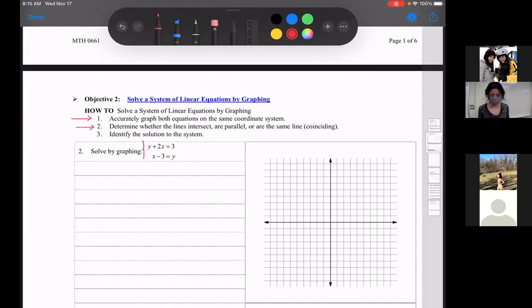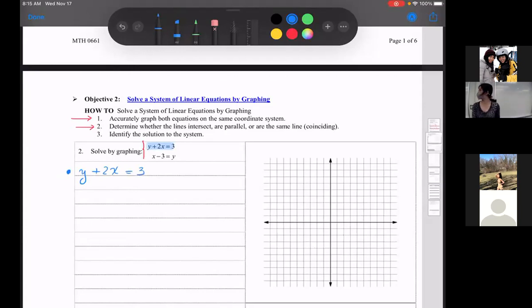Someone tell me, how do I graph those lines? You learned how to graph these lines already. Let's graph the first one. I'll highlight in blue. Write down here, y plus 2x equals 3.